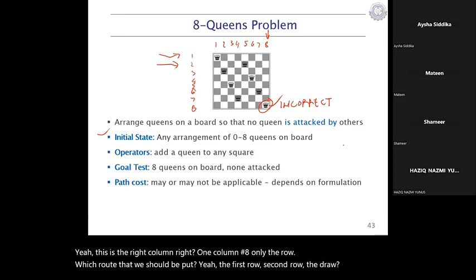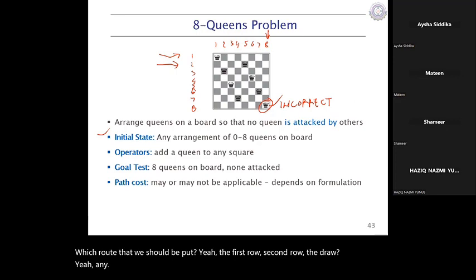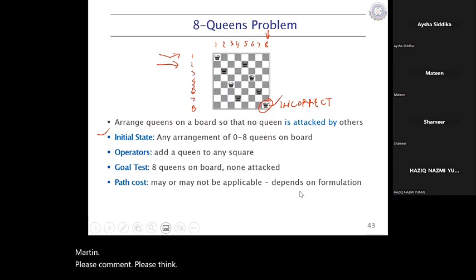Any idea, any comment? This is a logic. In which part? Aisha, Martin, Samir, Hasik. Please comment, please think. Not difficult actually.